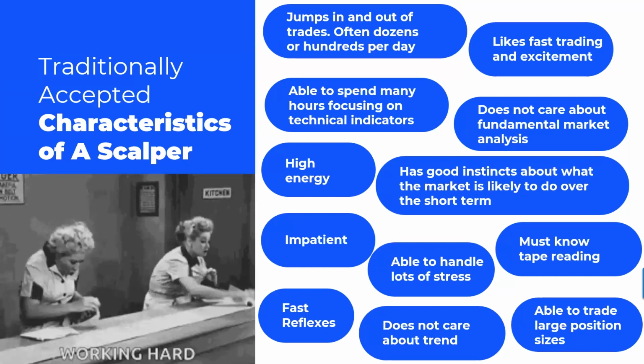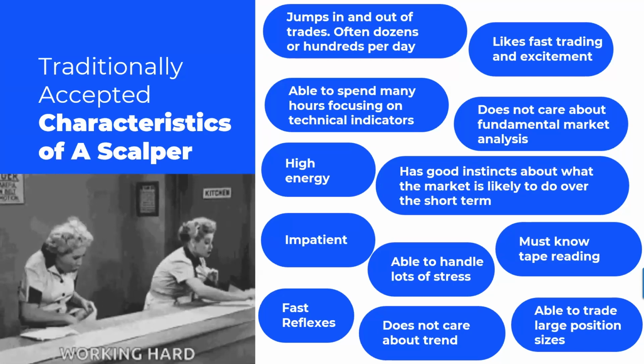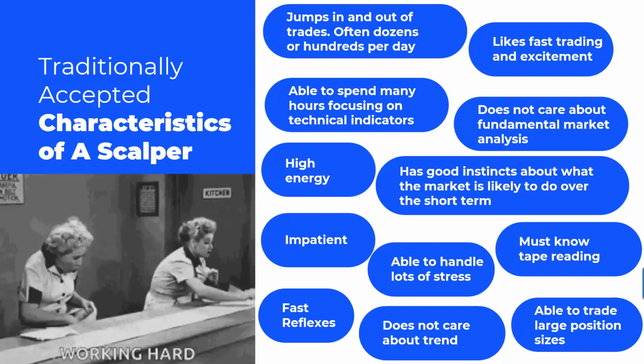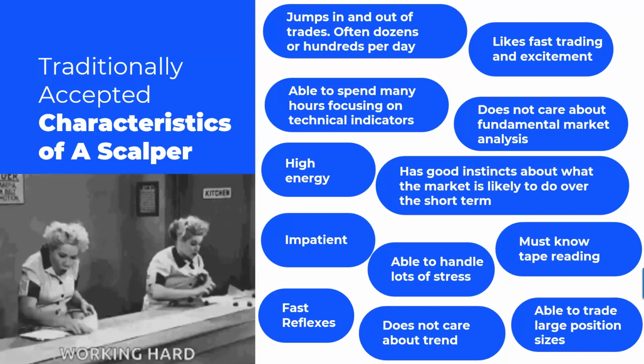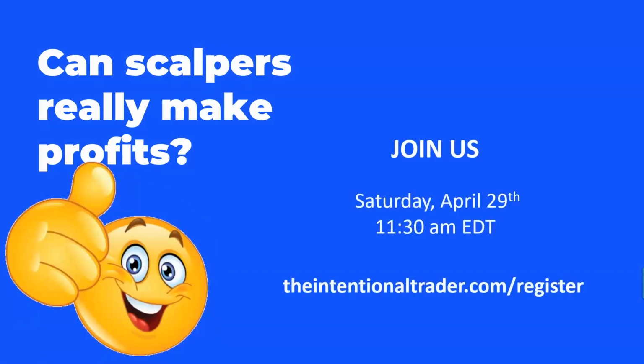We have found that scalping can be done without it having to be high energy, without it having to be high stress, without having to have special skills. All right. We do work hard, but we work hard at the right things.